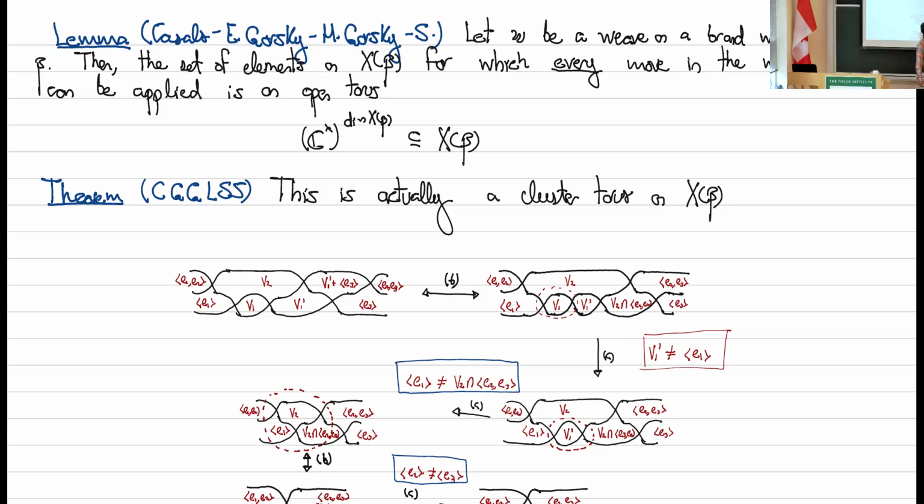And now, when I do this collapsing move, I am requiring that B1 prime is not the subspace generated by E1. That's an open requirement on the braid variety. Okay? I keep going. Now here, I require that the space generated by E1 is not the intersection of the space generated by B2 and E2, E3, which is always true. Okay?